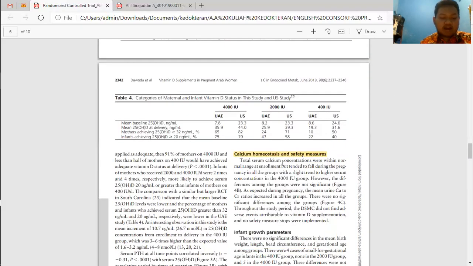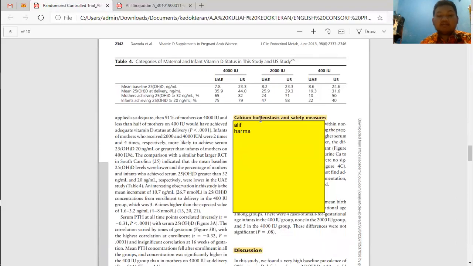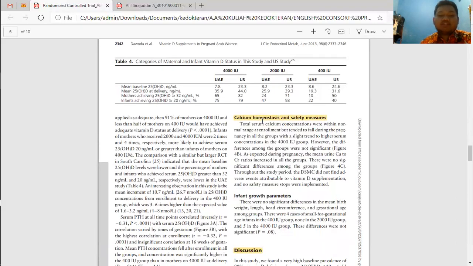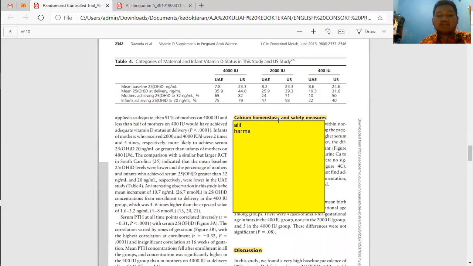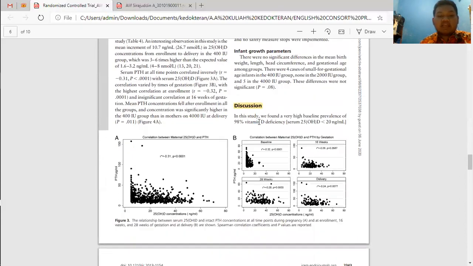And then the harms. Harms is item number 19. It is important: all the important harms or unintended effects in each group. And then the last one is discussion.